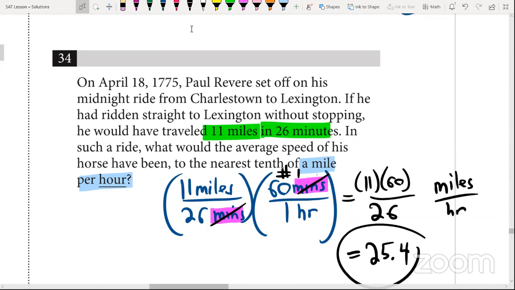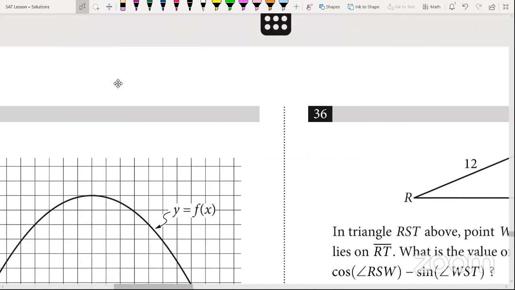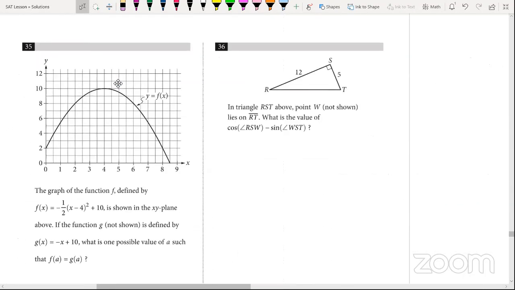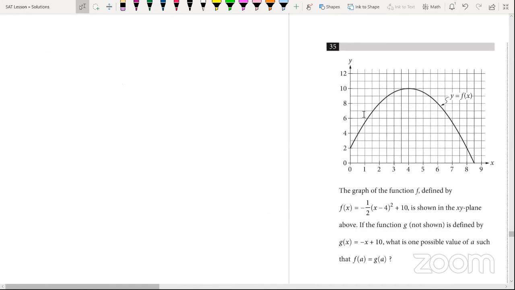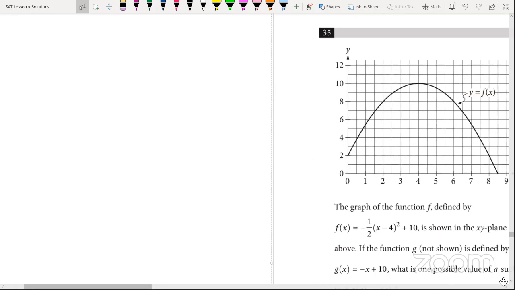Going over now to number 35. So 35 is asking us about the moment that f of a equals g of a.